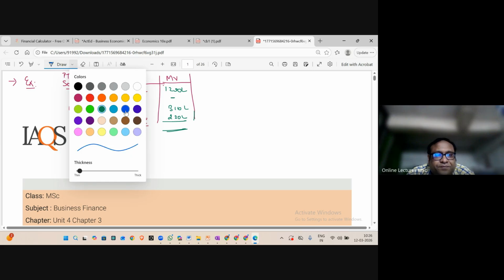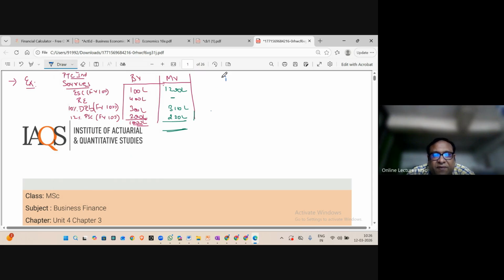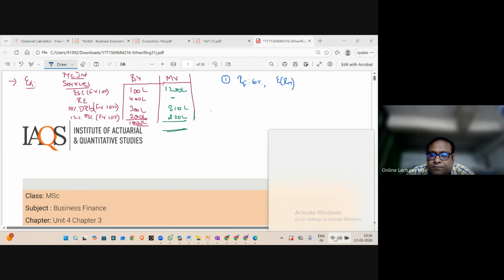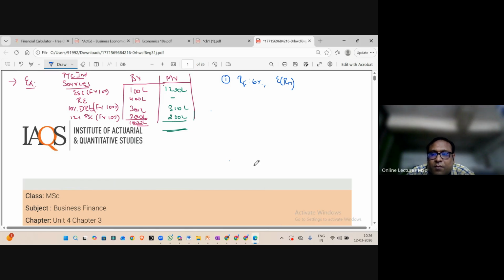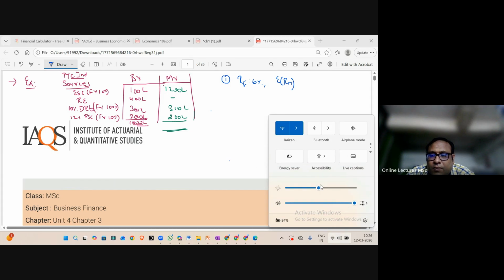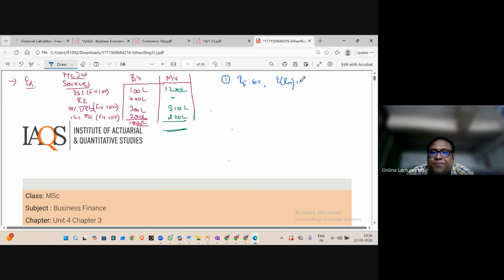Now, further, given number 1, risk-free is 6, expected market return is 13.